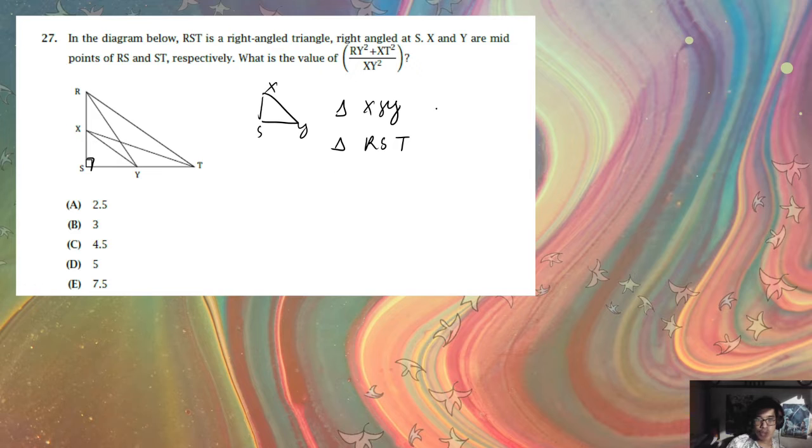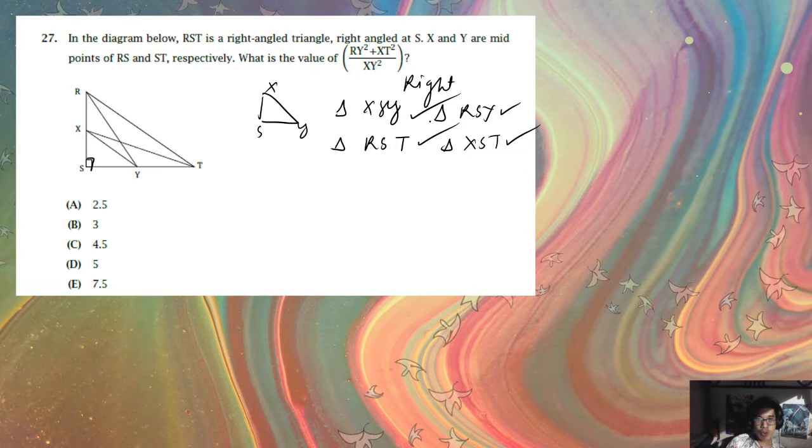We also have triangle RSY as a right triangle. Now these are all right triangles. Okay, so let's check again: we have RSY, then XST, which is a right triangle, RST here, and then XSY.